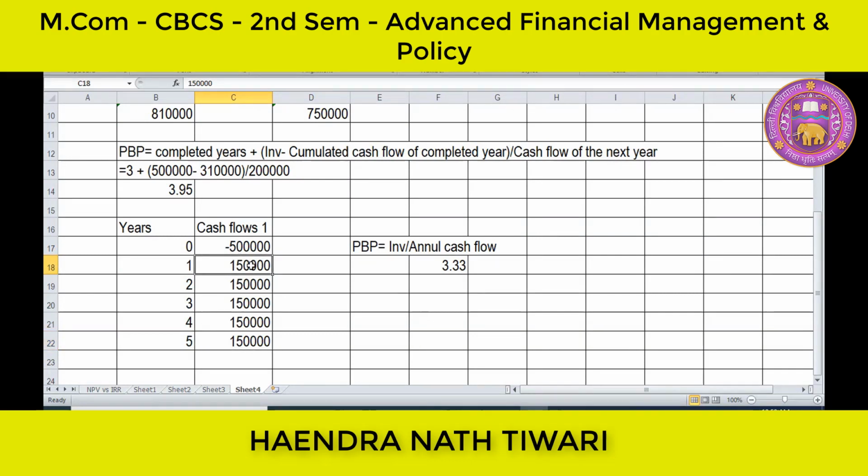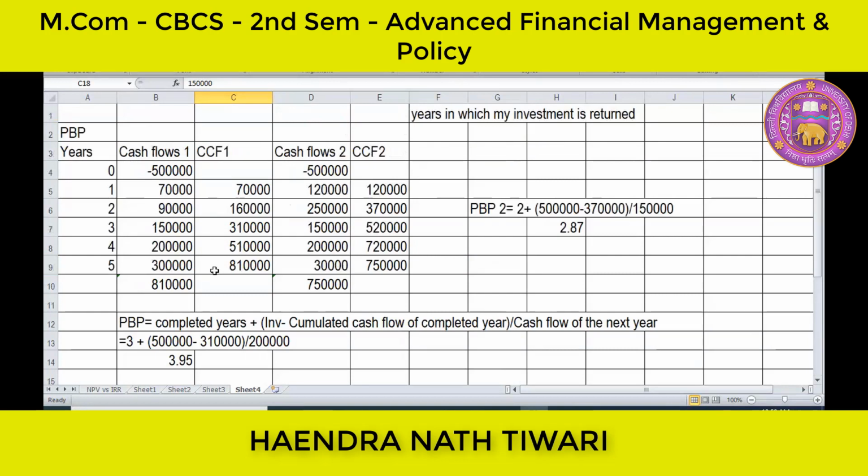Which means there is no opportunity to reinvest these cash flows. And if there exists a reinvestment opportunity, then I'm missing out on that. Number one. Number two, the limitation of this payback period is that it does not go beyond its payback period.